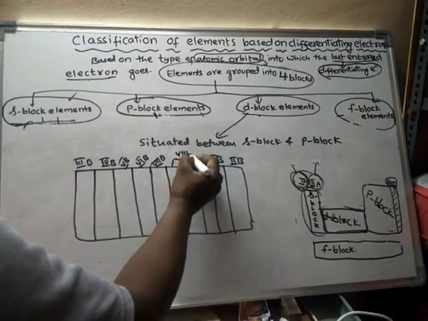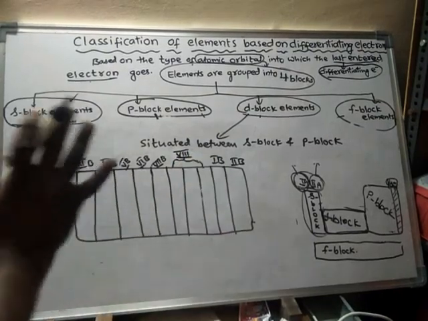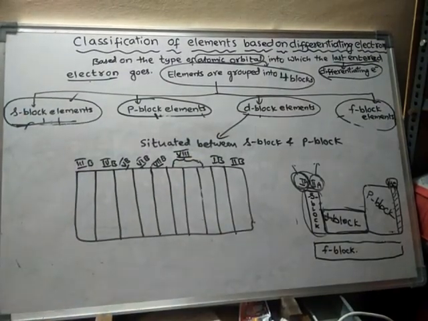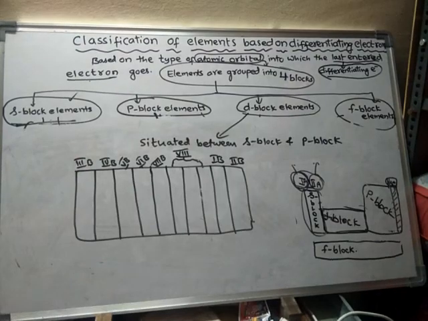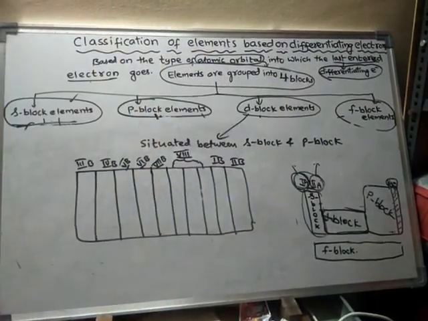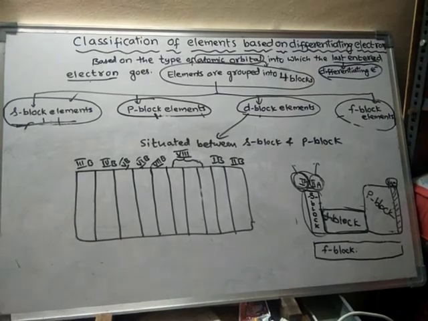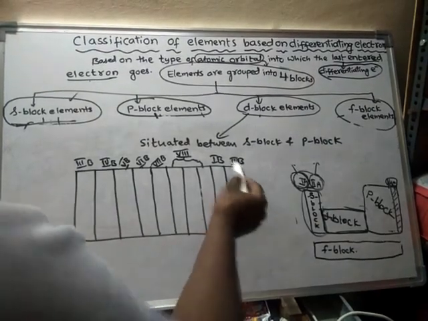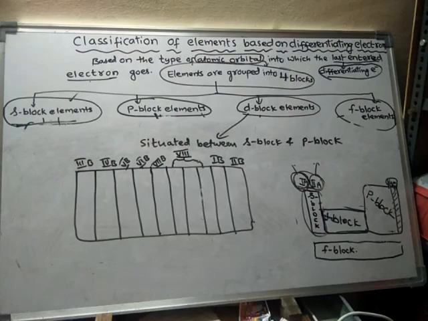It is not eighth B or eighth A, it is simply the eighth group. So altogether there are 8 groups. It starts from third B and ends with second B.